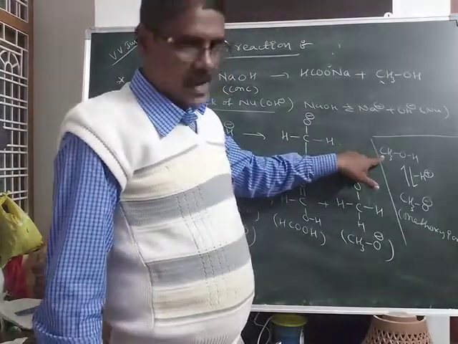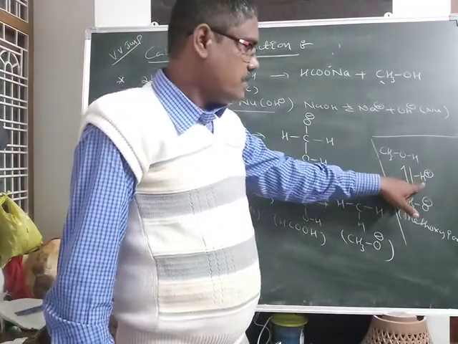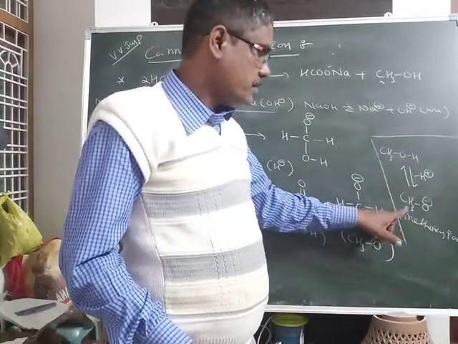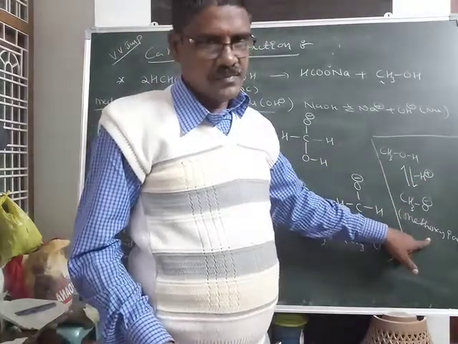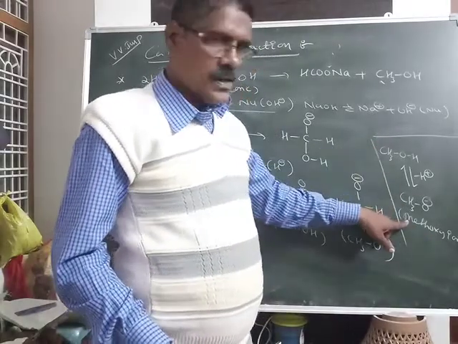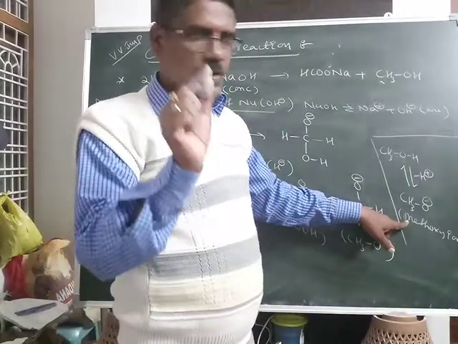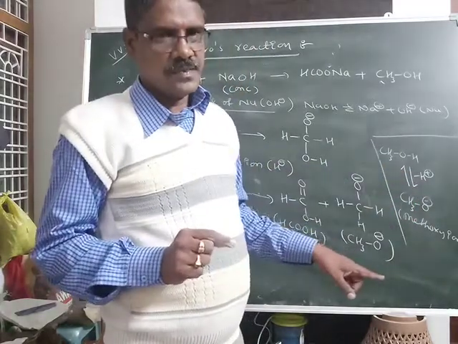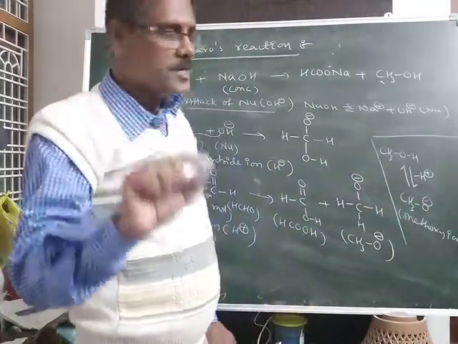This is the acid, and by the loss of one proton it became a methoxy ion. The acid and base pair which have one proton difference are called conjugate acid base pairs.